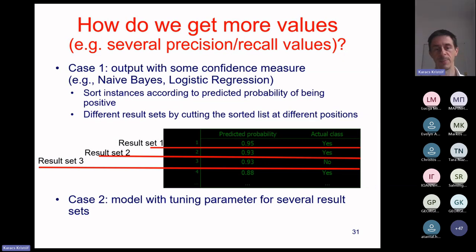So, for example, if you think that you are facing a scenario where false positive predictions might have a larger cost or a larger negative effect, then you can increase the threshold from 50% to 95% and only predict a positive class if the predicted probability is above 95%.